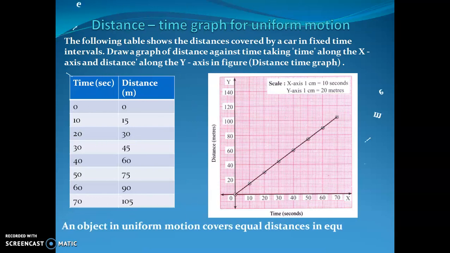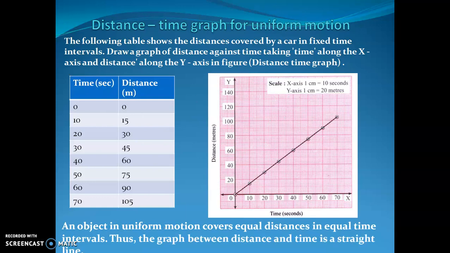An object in uniform motion covers equal distance in equal time intervals. Thus, the graph between distance and time is a straight line. So very well you can see from the picture that it is a straight line graph.